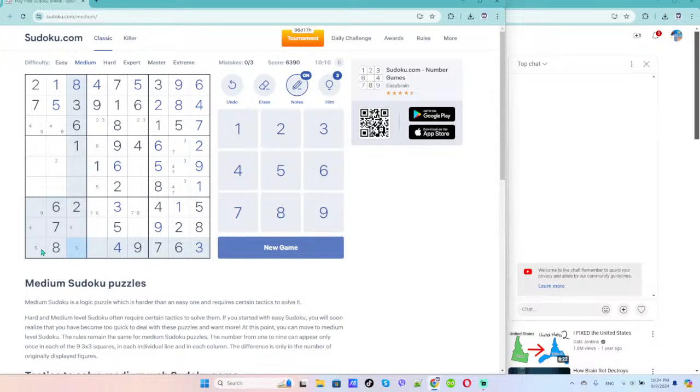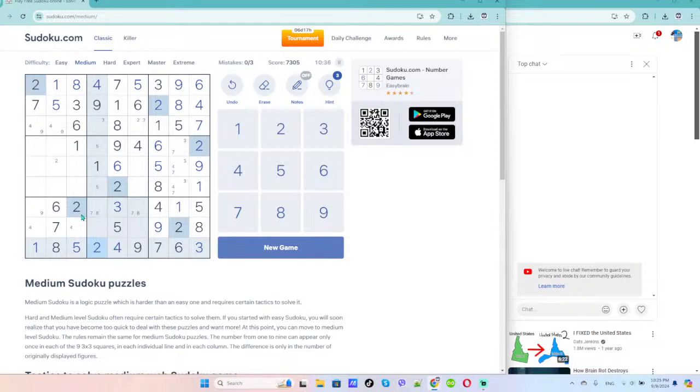Regarding this row at the bottom, we have 1, 5, and 2 missing. So we know that 1 can either go here. Oh, there are already 1s here. So we're 100% sure that number 1 goes here, number 5 goes here, and of course, number 2 goes here.